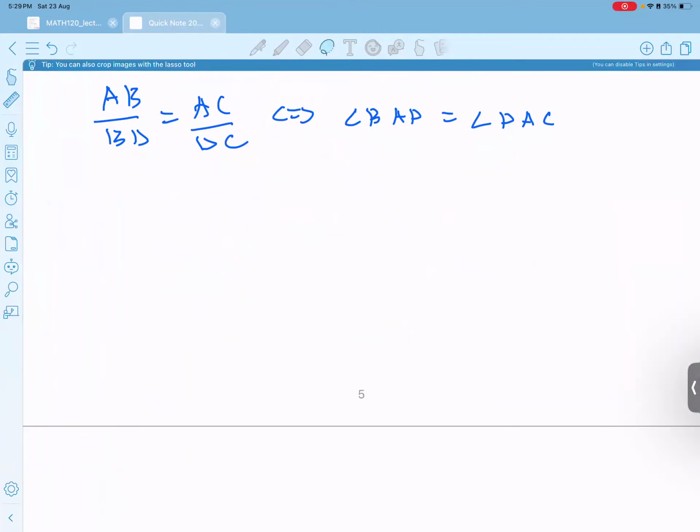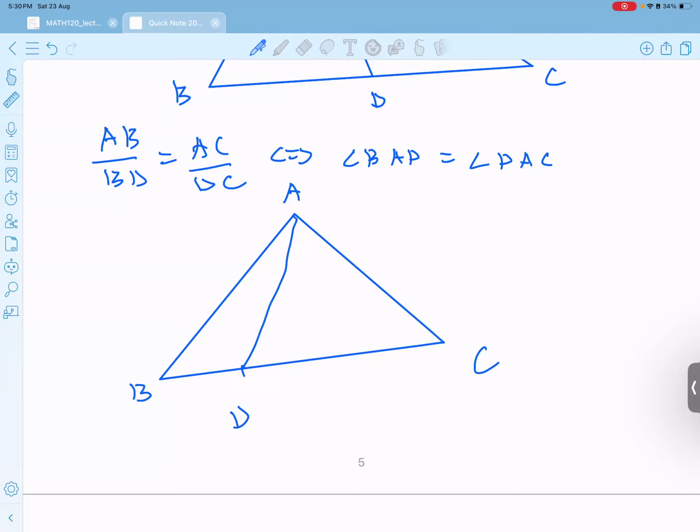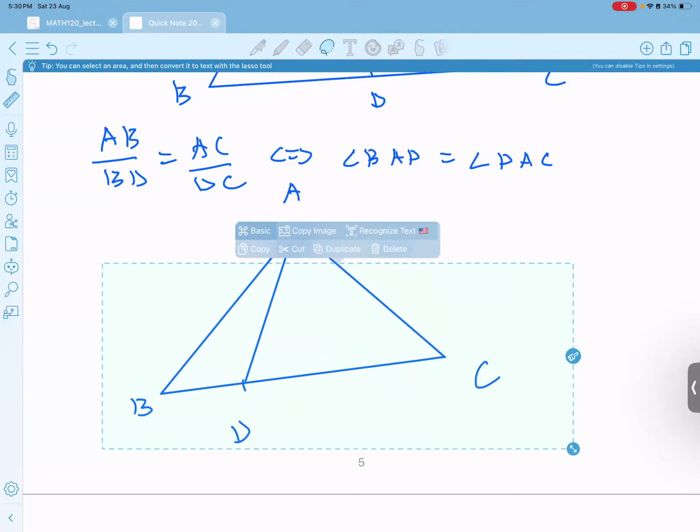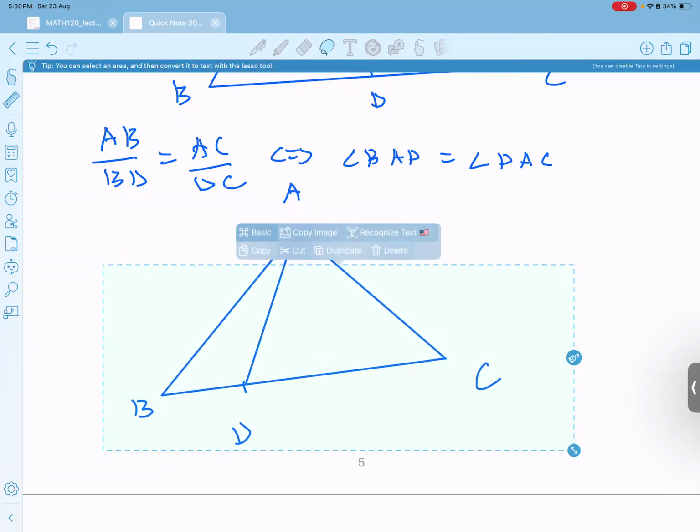If you have any triangle, and you have any point D, then we will have sine BAD over sine DAC equals BD over DC times AB over AC. And clearly when angle BAD equals angle DAC, you have the angle bisector theorem.